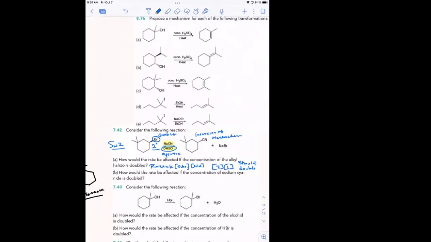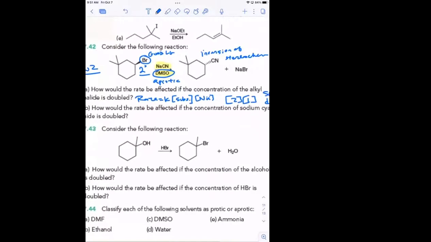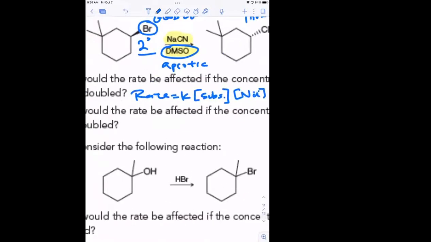But you can't answer those questions unless you know what the mechanism is. And if you know the mechanism, then you know the rate law. What about B? How would the rate be affected if the concentration of sodium cyanide was doubled? That's the nucleophile. That's what it's asking.